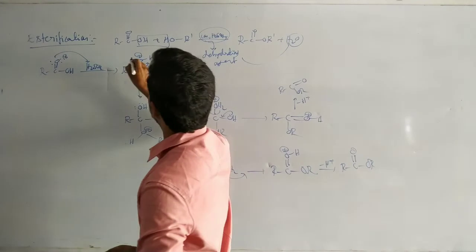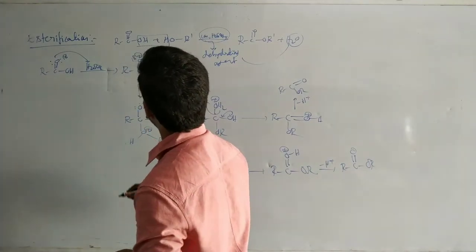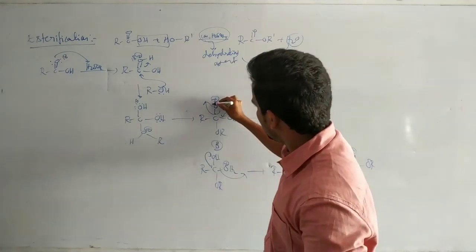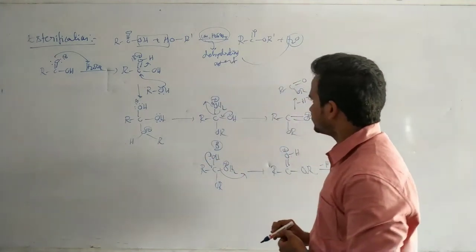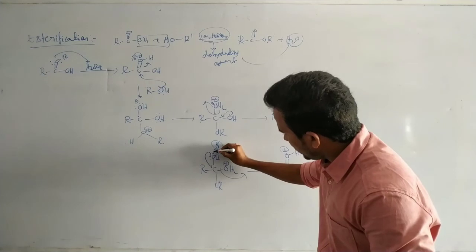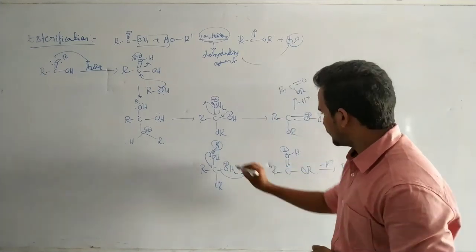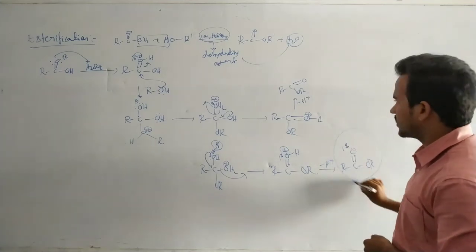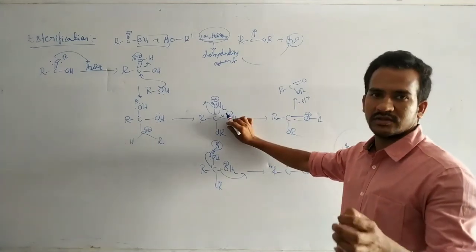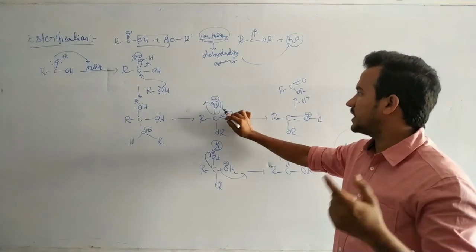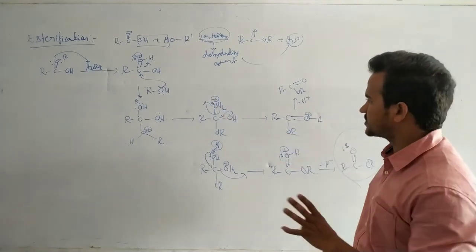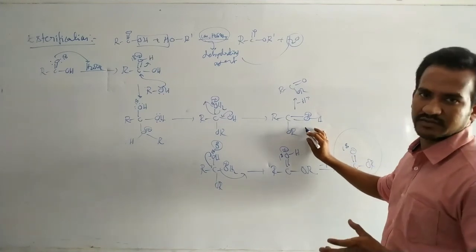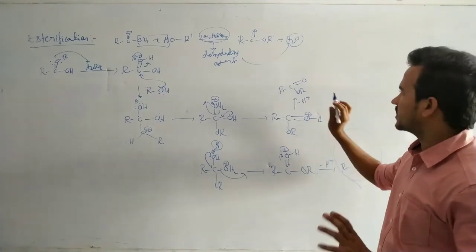But suppose 18, here in this case this OH 18 and this one 18. And from this one, the H2O which contains O18 is removed from the substrate. So in this case the O18 we cannot observe.